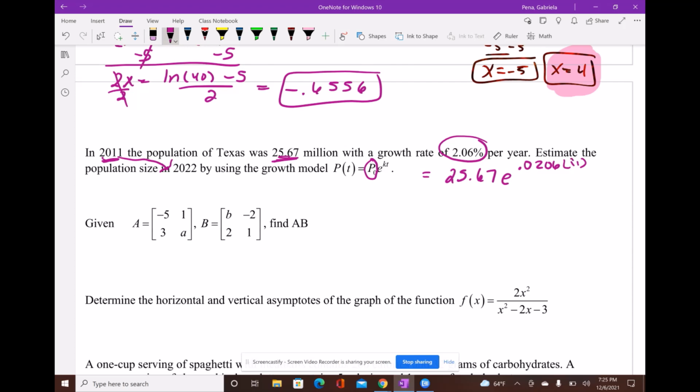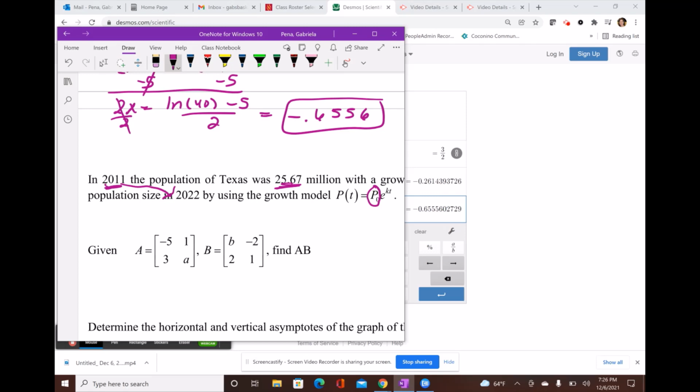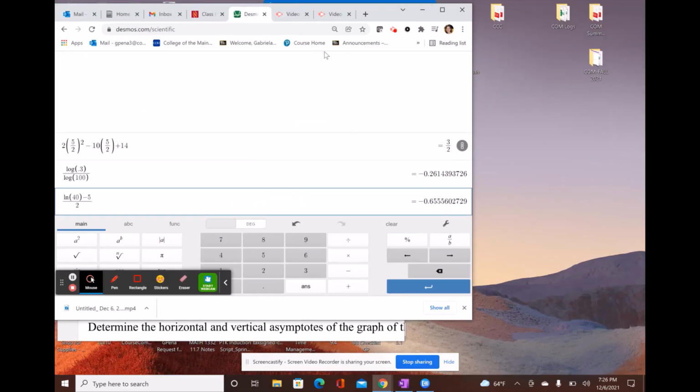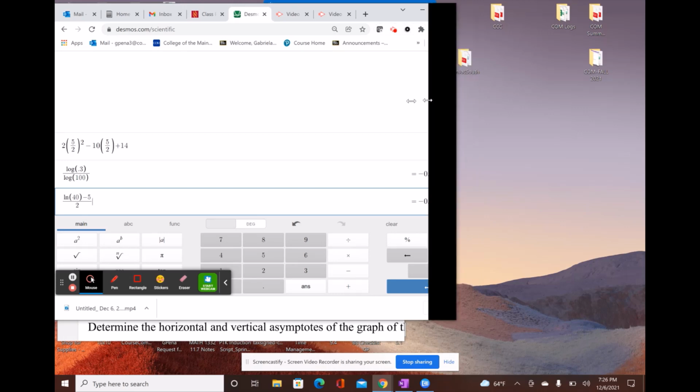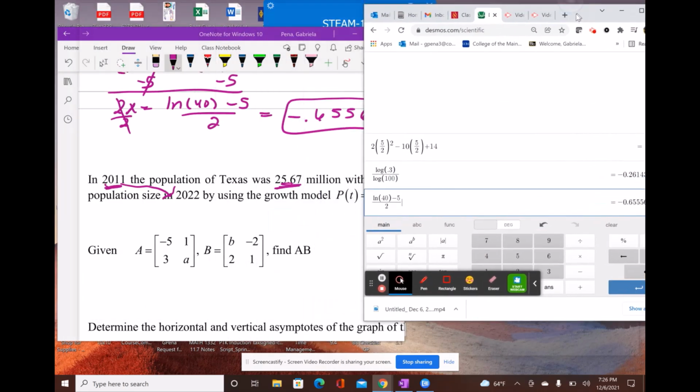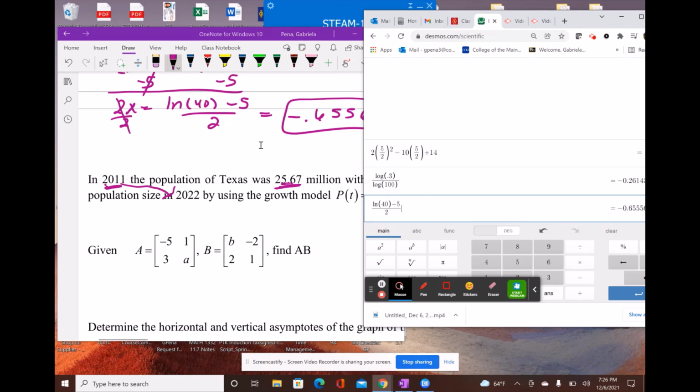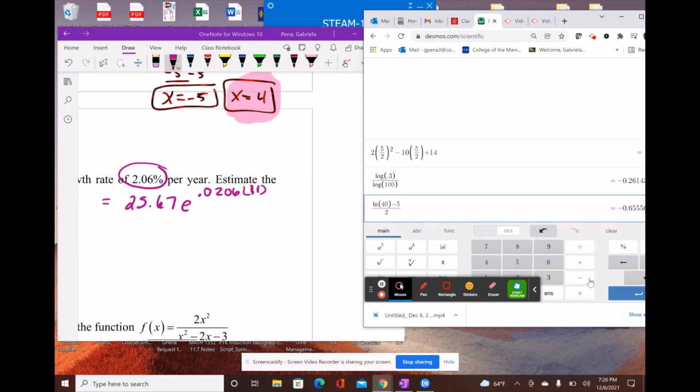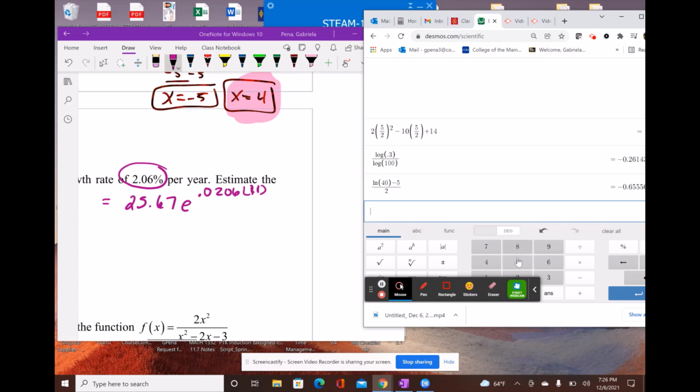Once you plug that into the calculator, we should be A-OK. So we go over here. I'm trying my best to do two things at a time here. 32 point. How many decimals? 25.67.